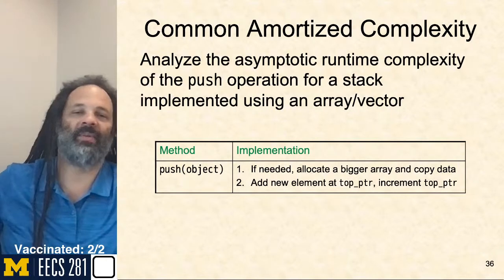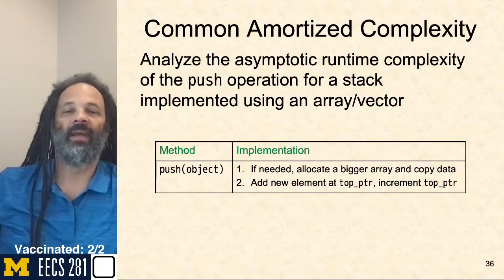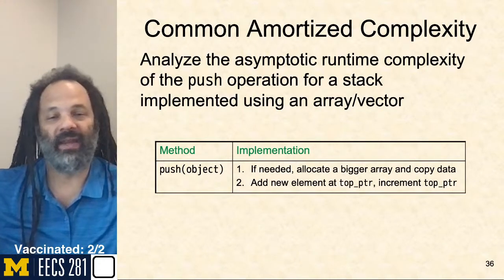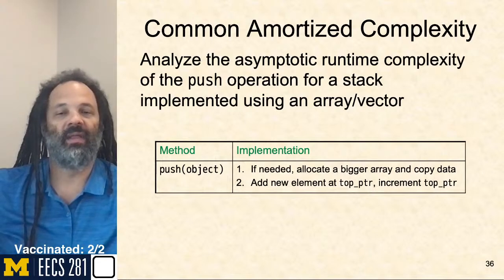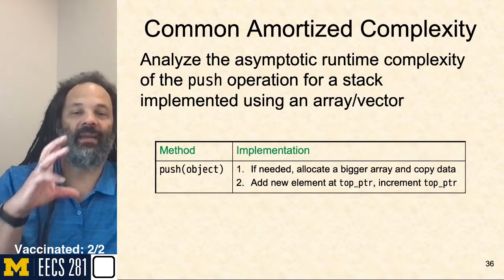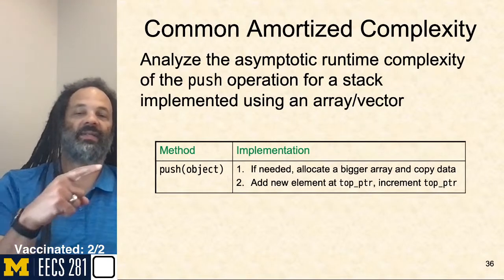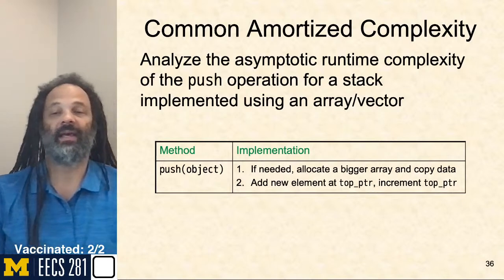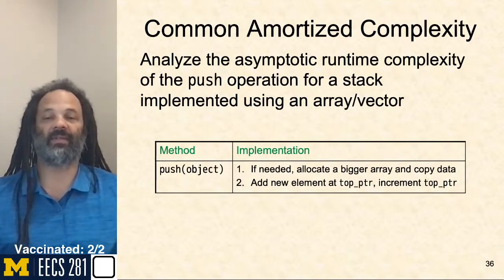So a really common amortized complexity, I've talked about this already, is pushback. When I push something into a stack using an array or vector, or if I do a pushback onto a vector, then what happens is I allocate more space when I need it. And that's what it says here in line 1. It says, if needed, allocate a bigger array and copy the data. That's a linear step because all of the n items that exist already have to be copied.